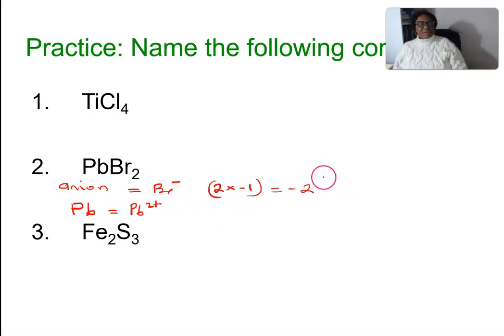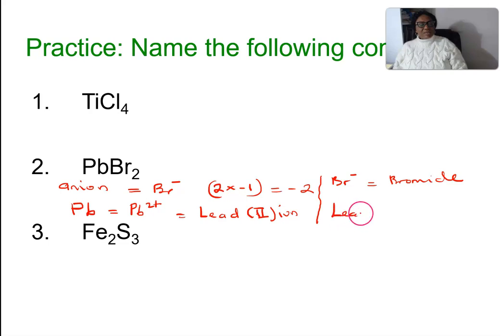Name of Br minus, its name is bromide. And this is lead 2 ion. So the name of the compound is lead 2 bromide.